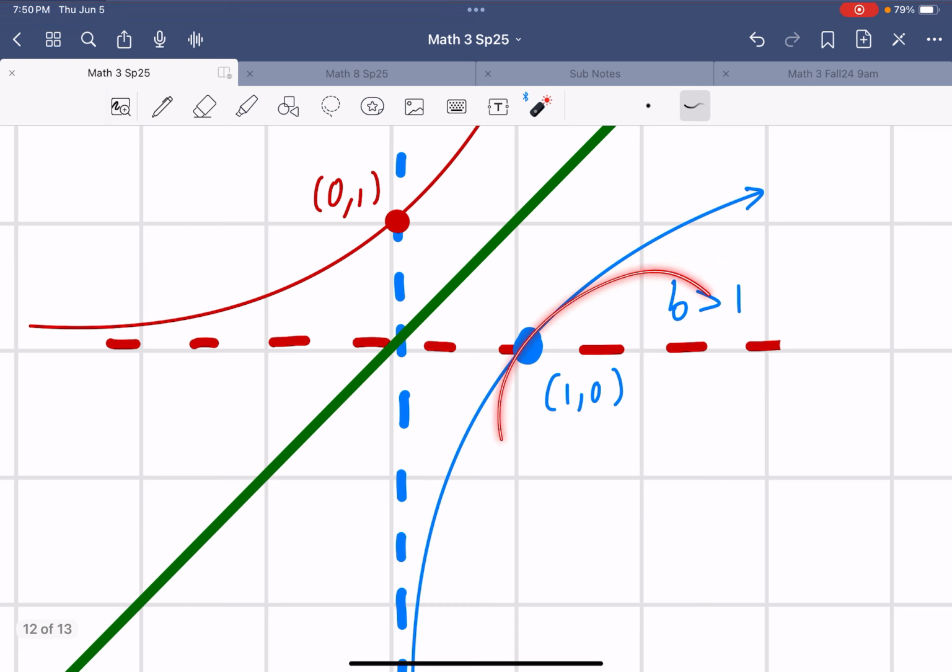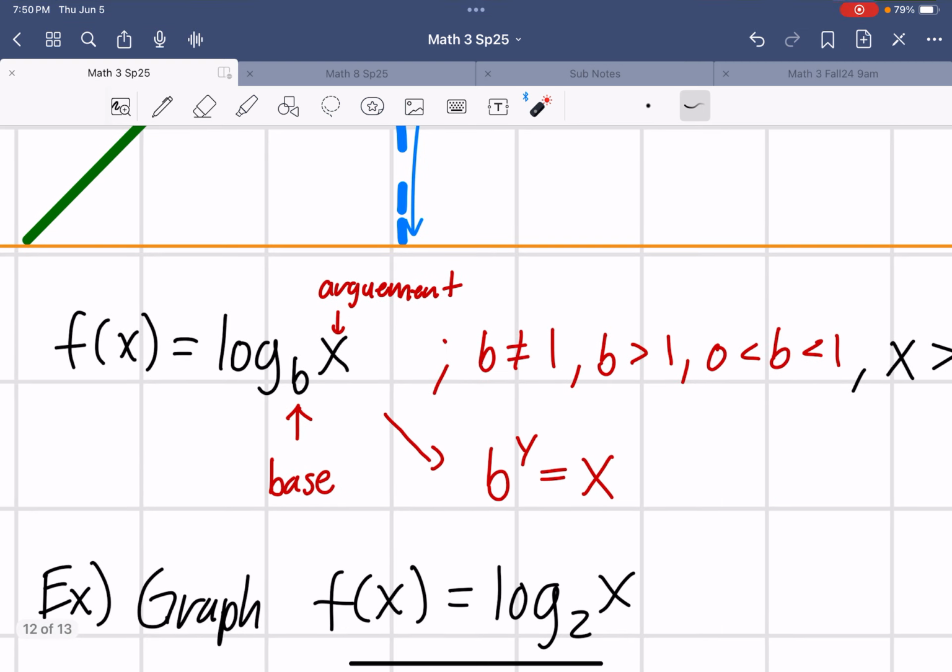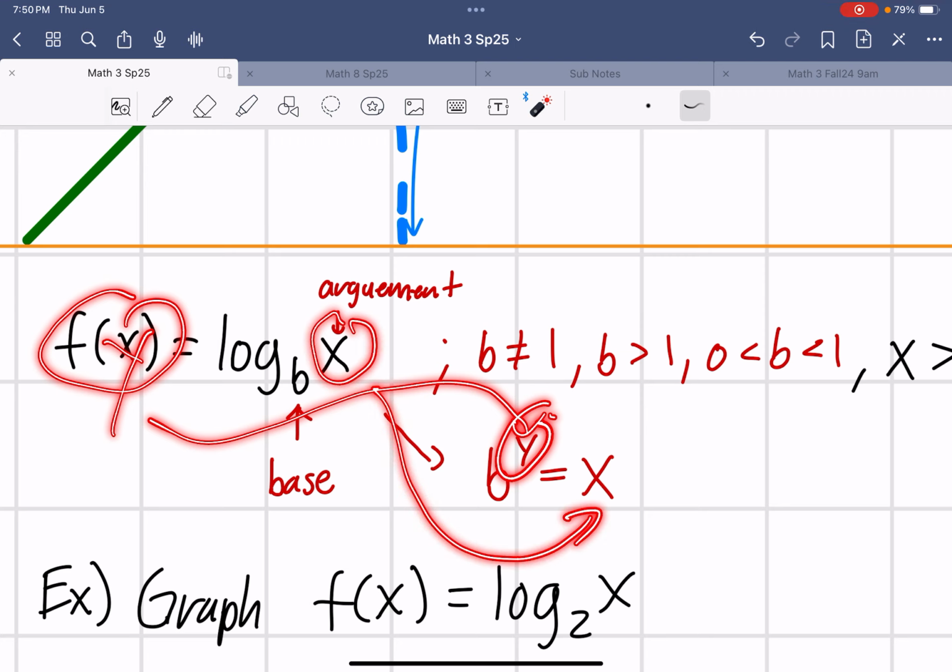We still have x and y here, but when we go from the argument of the logarithm, which is the independent variable, to the dependent variable y, when you rewrite it, that y becomes the exponent of the base, and the argument becomes the output.